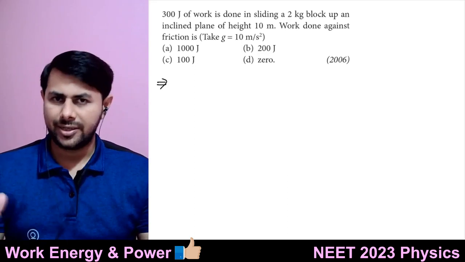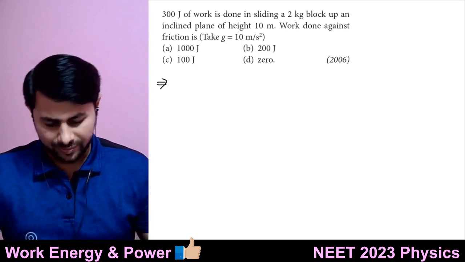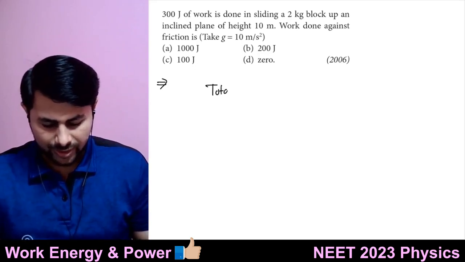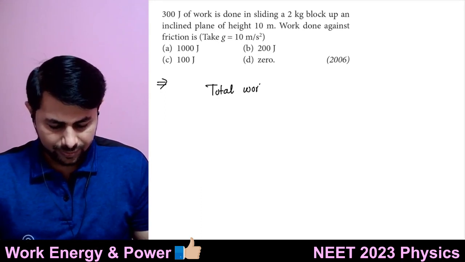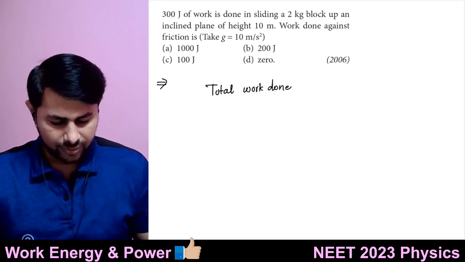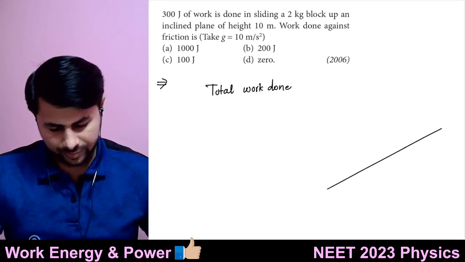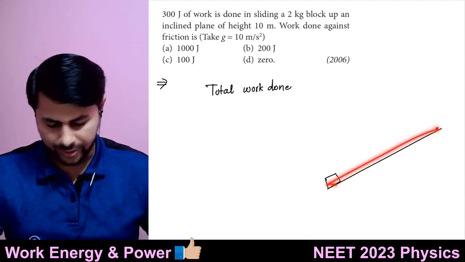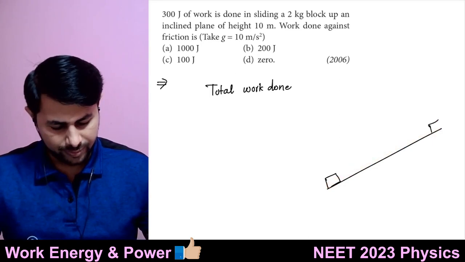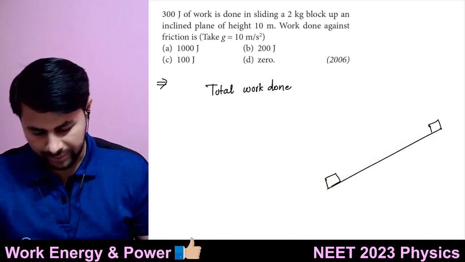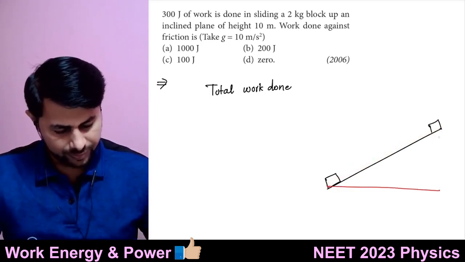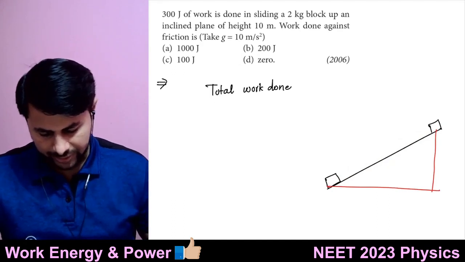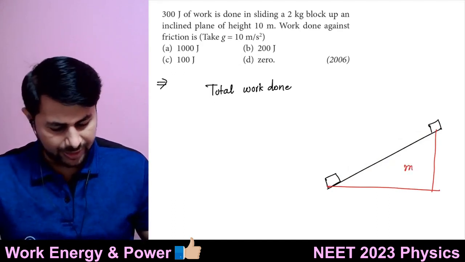See, 300 joule is the total work done when you move this 2 kg block from here to here. So there will be some work done against gravity, which is equal to what? mgh.